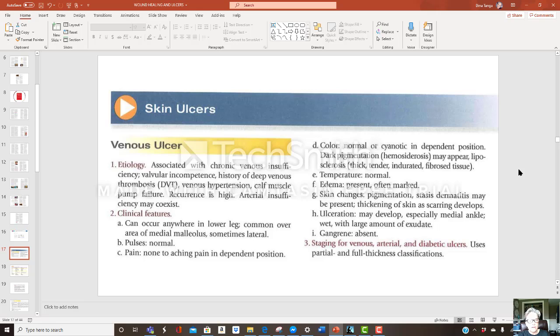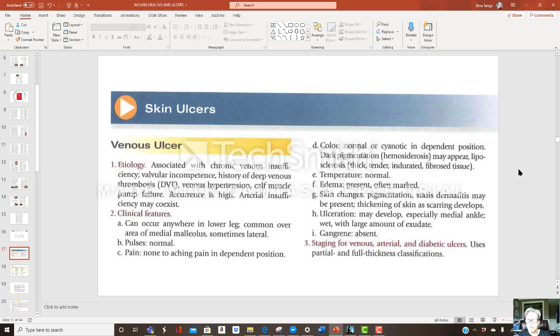Clinical features can occur anywhere in the lower leg, common over area of medial malleolus, sometimes lateral. Pulses are normal. Venous ulcer, normal pulses. Pain, none to aching pain in dependent position. So sometimes none, sometimes aching pain in dependent positions.